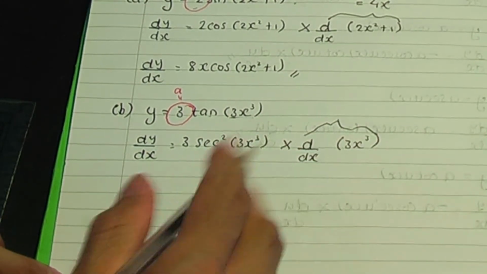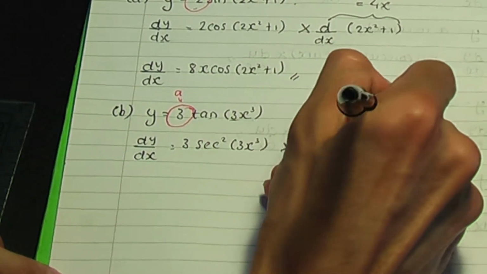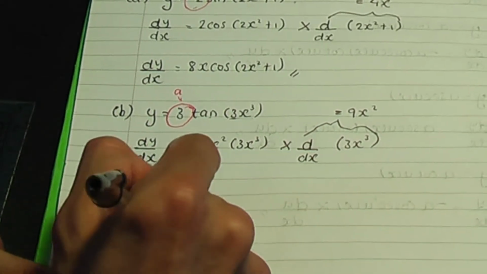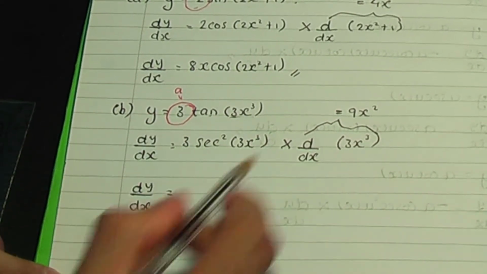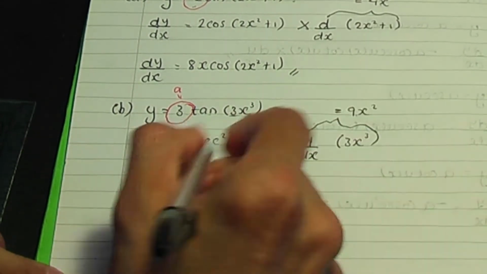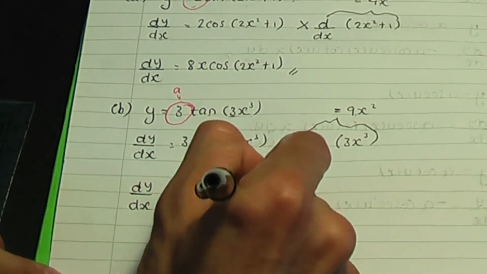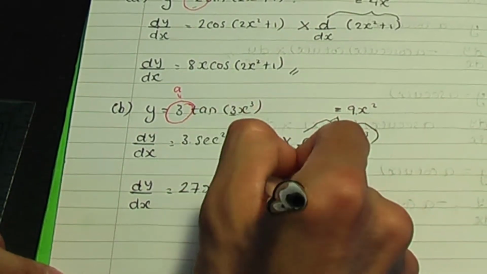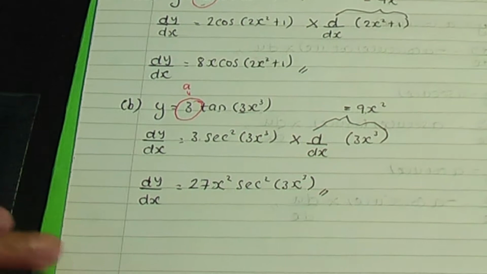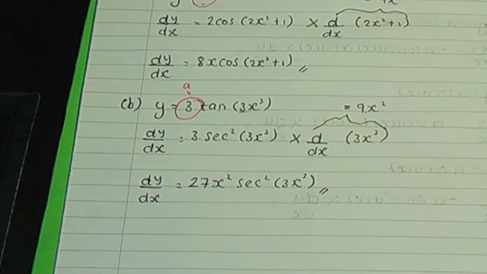When I differentiate 3x cubed, it's 9x squared. So if I simplify, dy over dx will be 9 times 3, 27, x squared sec squared 3x cubed. So that should be the final answer to that one.